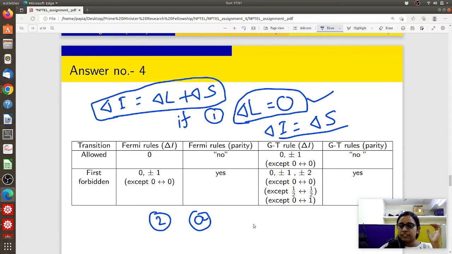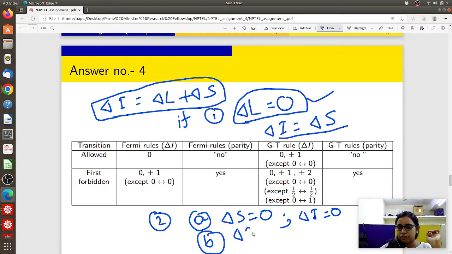So if the transition is allowed, then delta L equals delta S, and two conditions may be there. Delta S may be 0. If delta S is 0, then obviously delta I equals 0. This is one condition, and the second condition is that delta S can be 1. If delta S equals 1, then delta I will obviously be 1.